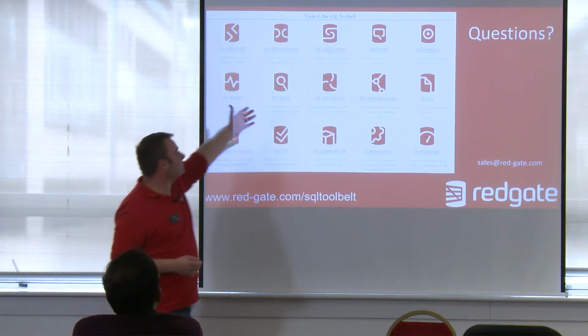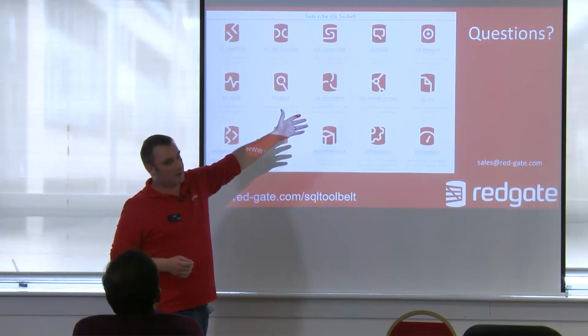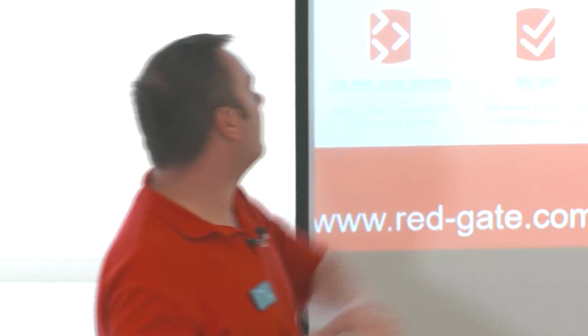We looked at SQL Source Control and SQL Prompt. You've got SQL Backup Pro, which is our backup solution, Dependency Tracker, Data Generator. There are so many tools within there. One thing I did forget to mention, though, which I will touch upon very quickly, is that I loaded them all up individually from within Management Studio.